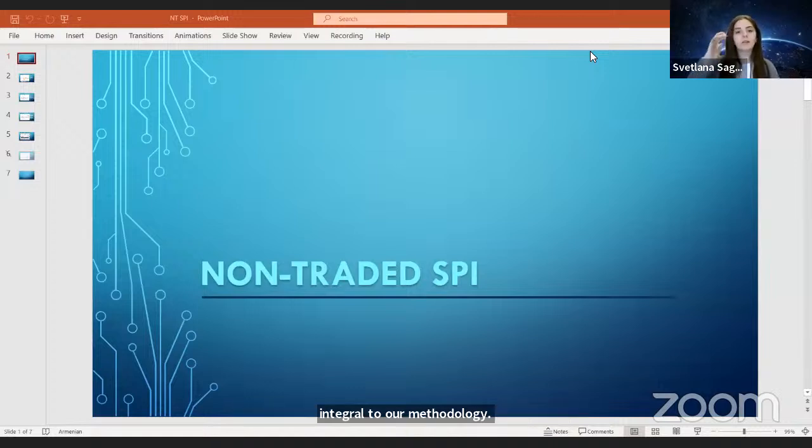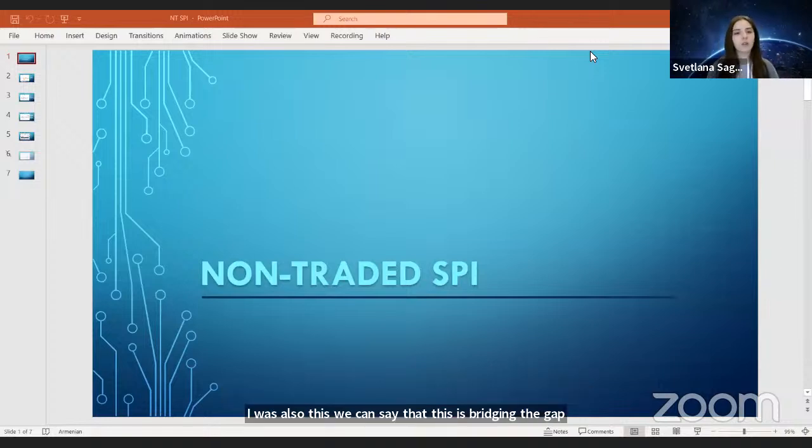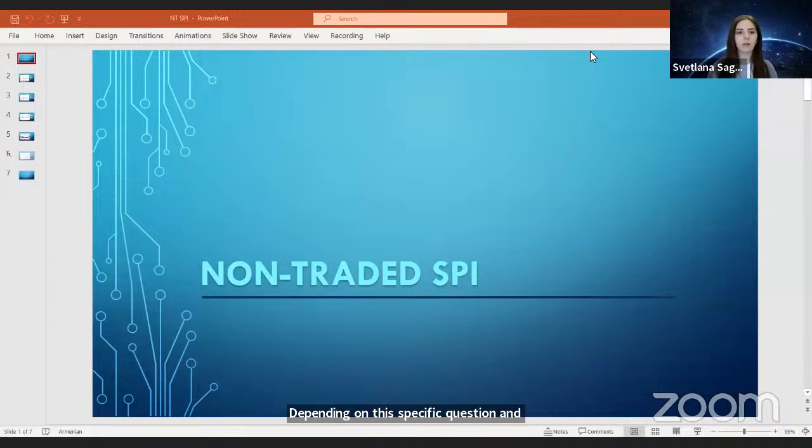Their research has also inspired practical applications like the Global Economy Model developed by the IMF's research department. This bridges the gap between academic theories and models directly applicable to policy analysis. Our approach leverages these critical insights, selectively employing models based on dynamic optimization theory, depending on the specific questions and issues that we want to look at more deeply.